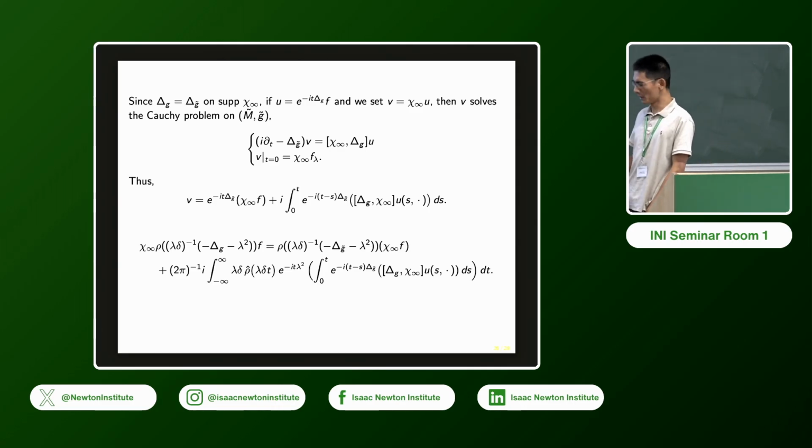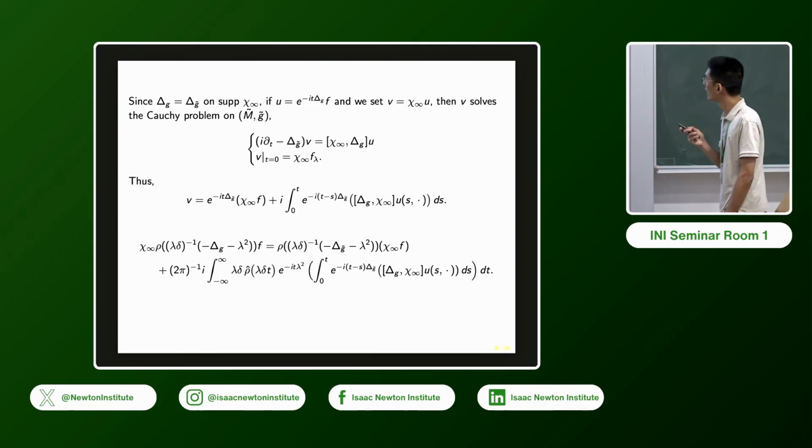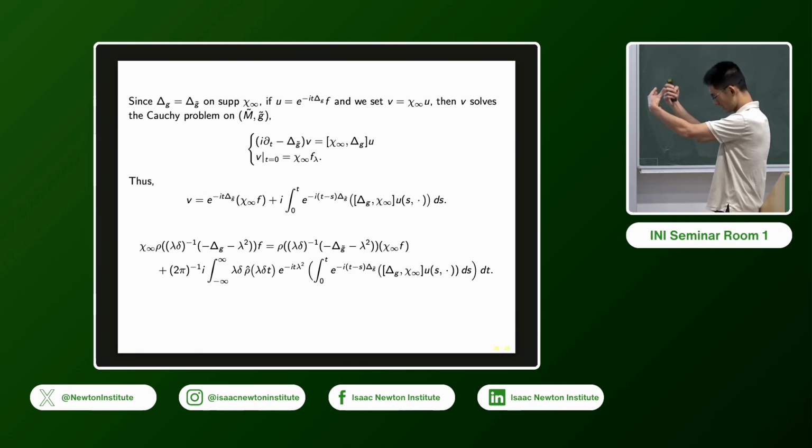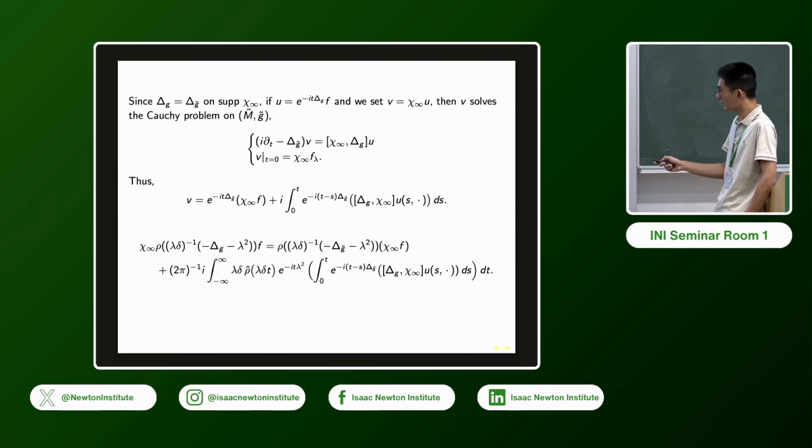And for the Duhamel term, it amounts to treating the commutator term using local smoothing estimates, L2 to L2 estimates, to kill the one derivative coming from the commutator. The strategy is to apply the local smoothing twice in this formulation, and somehow adapt it to the setting of L2 to Lq type estimates.